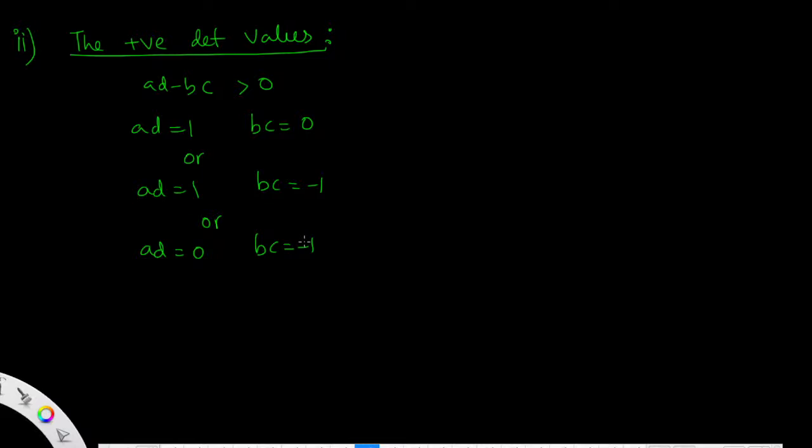In these possible cases, if AD equal to 1, then we can write as this. AD equal to 1 means A equal to 1, D equal to 1, or A equal to minus 1, D equal to minus 1. So these are two ways. Next goes to BC equal to 0. This is the value for AD equal to 1.